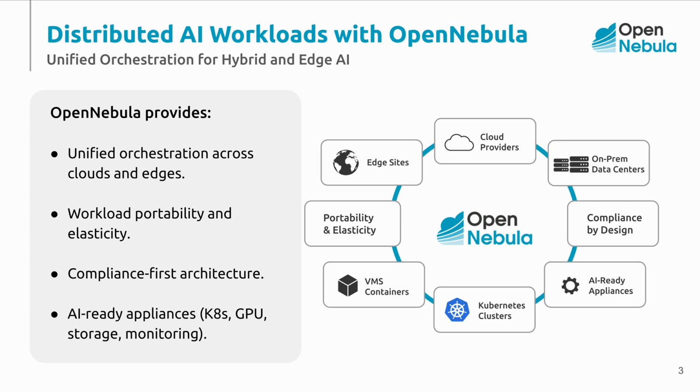A compliance-first model where each site retains full control over its own data and infrastructure. Native support for AI-ready appliances, including Kubernetes stack like OneKE, GPU accelerated instances, and integrated storage and network. This makes OpenNebula a great platform for building secure and reliable decentralized AI systems.